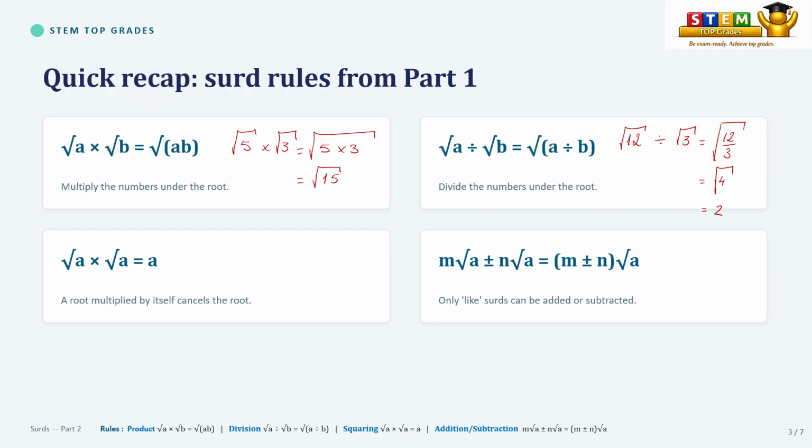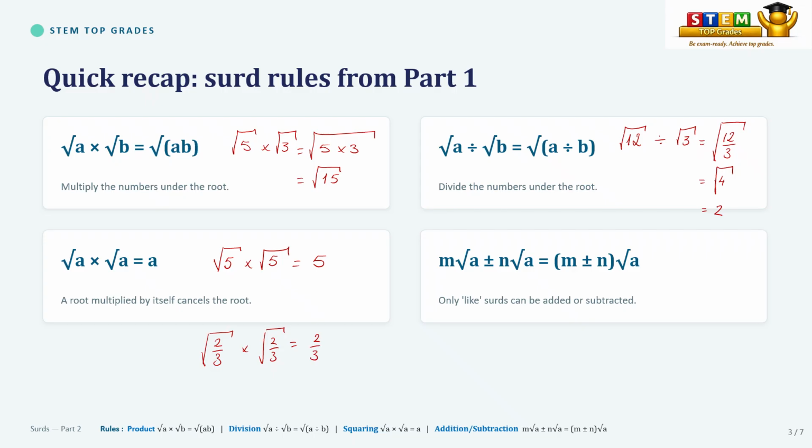The third one is the square root of a multiplied by the square root of a, which ends up giving a. So if you take the square root of 5 multiplied by the square root of 5, it's identical, so you end up with 5. If you take the square root of 2/3 and multiply it with the square root of 2/3, you'll end up with 2/3.